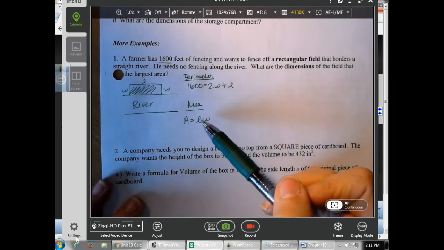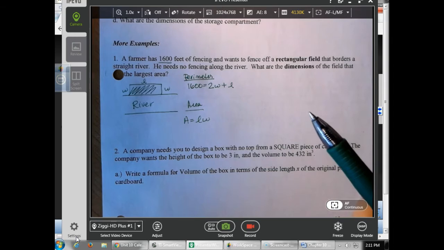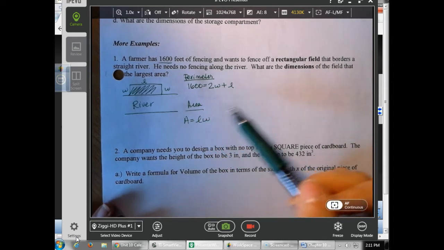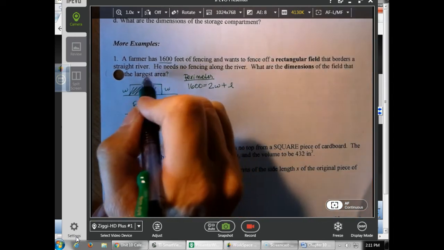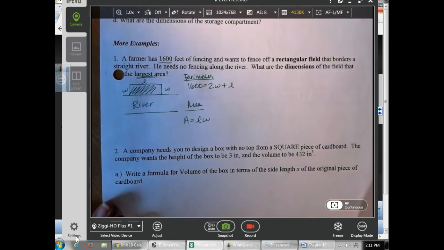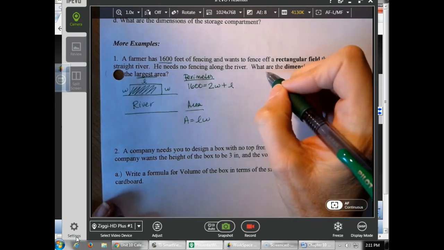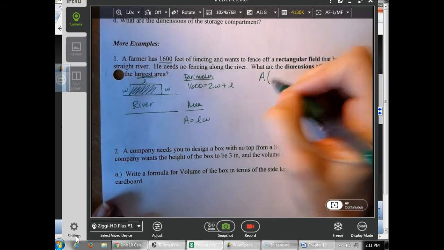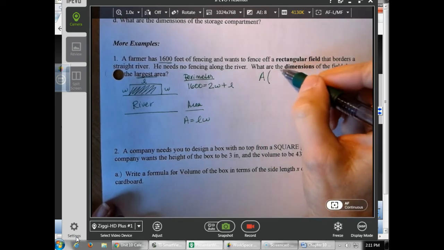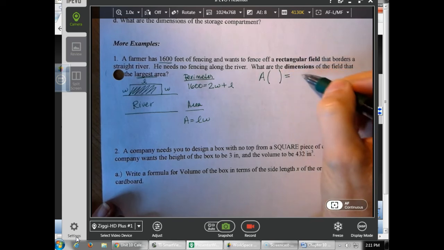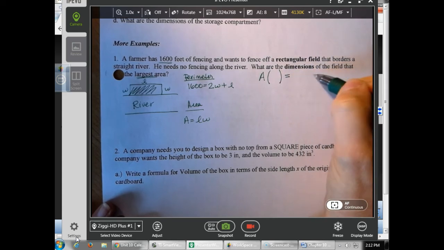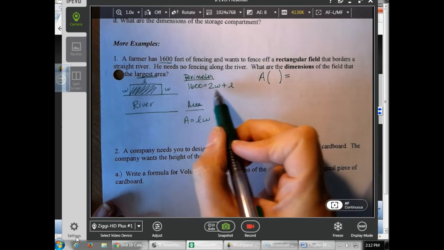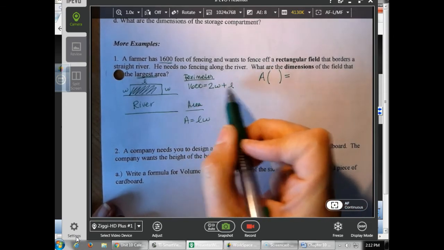So we basically have a system here that we want to solve. So I want to maximize the area. So this is the function I'm really interested in. So my function is going to be area based on, it could be length or width here, and I need the two different dimensions for that. Okay, so what I'm going to do is solve for, let's say, L in this equation.